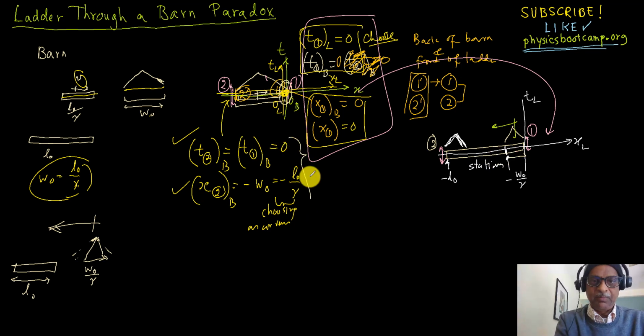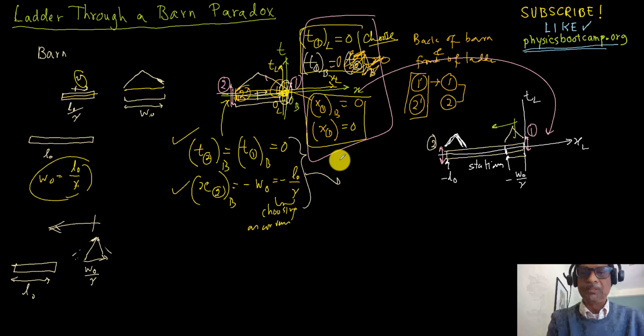If I do the Lorentz transformation for this, what is the time of event 2 in the ladder frame?